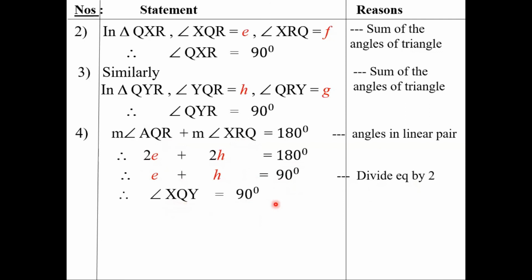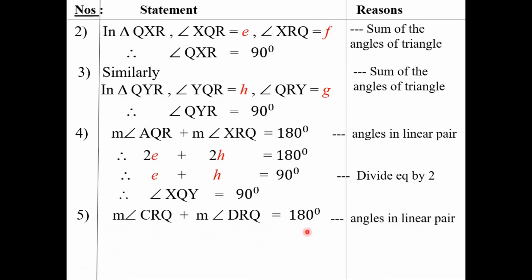The same part we are doing for angle XRY. From the reference of fourth, we are taking the reference of fifth, and that is nothing but angle CRQ plus angle DRQ, and the part is measure angle CRQ plus measure angle DRQ is equal to 180 degree. In this case, angle CRQ is nothing but 2 times F, and DRQ means 2 times G. So angle CRQ, that is 2 times F, plus angle DRQ, 2 times G, is equal to 180 degree.